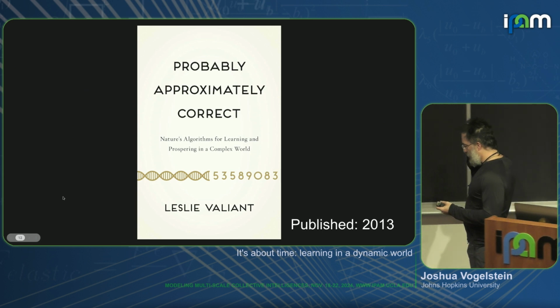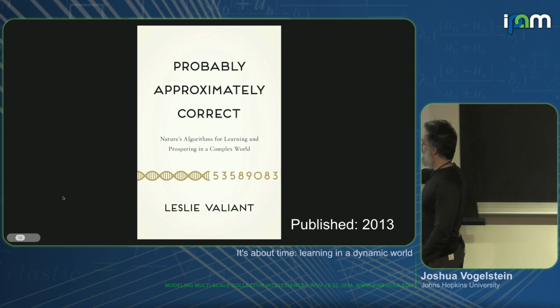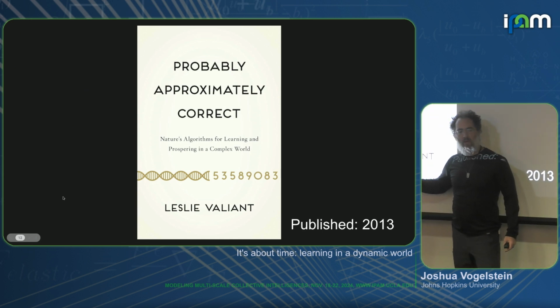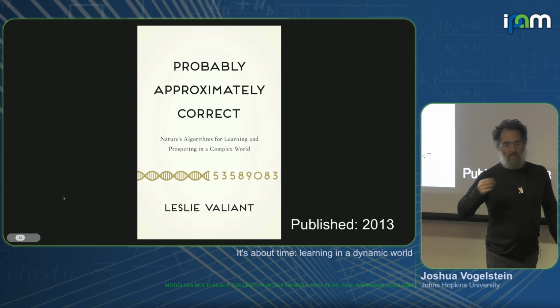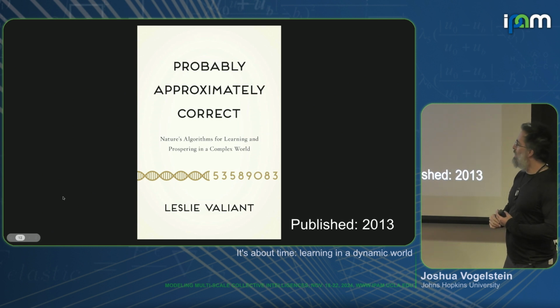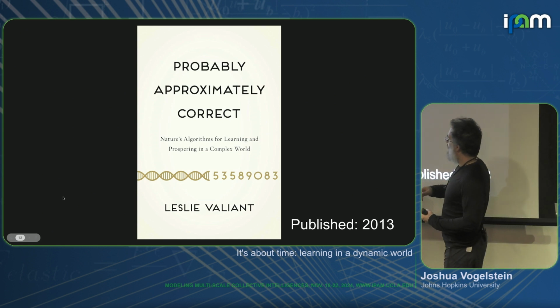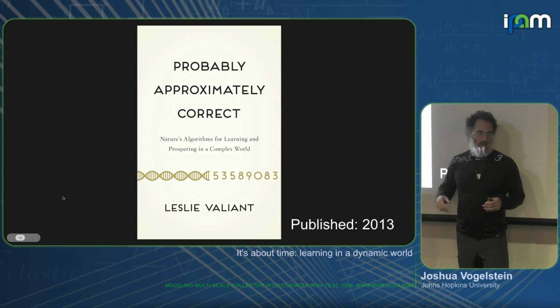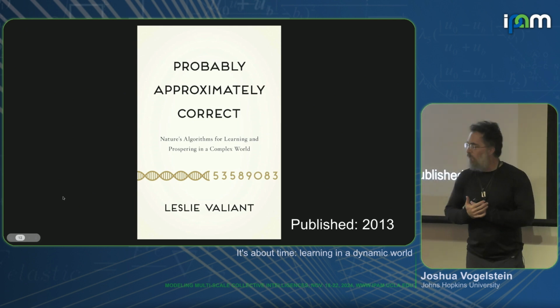So here's this book, published in 2013 by Leslie Valiant. For those of you who don't know who he is, he was one of the founding people involved in the AI revolution. He won the Turing Award, all the awards. So he's very highly respected.